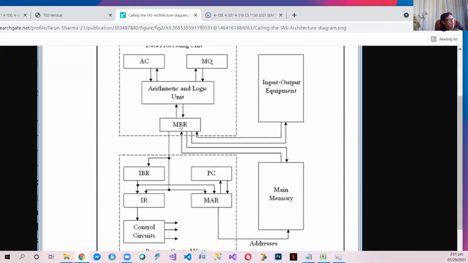It stores data from memory. Anything loaded from memory will be temporarily stored in the MBR, which means if you are going to divide the accumulator by something from memory, it's stored in the MBR. We don't have access to the MBR because it's only accessed by the CPU itself. We only have access to AC and MQ.